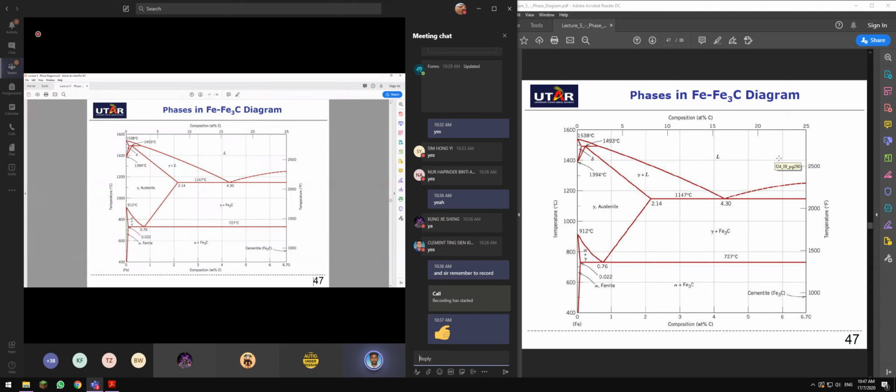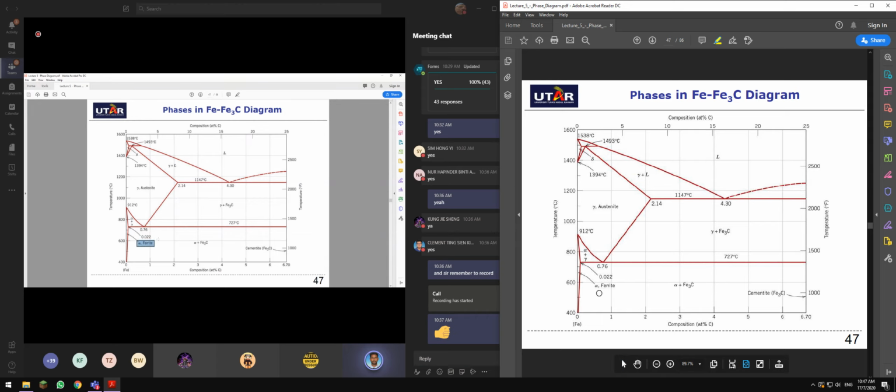We have alpha, which we call ferrite iron over here, which has a maximum solubility of carbon content of 0.022. Write this down, guys. That is over here.